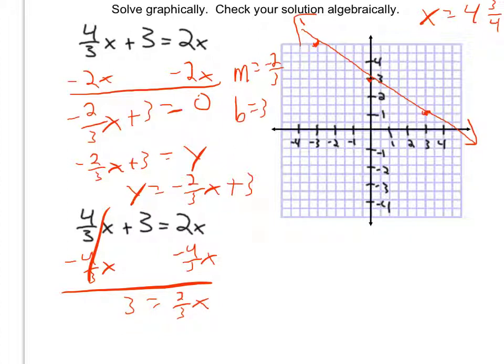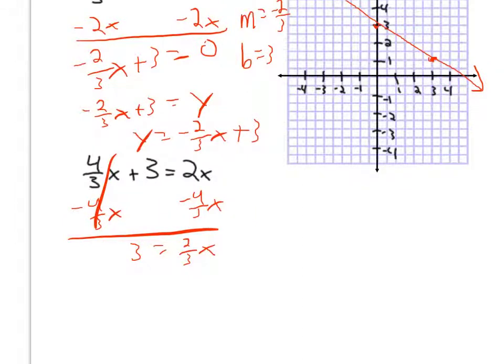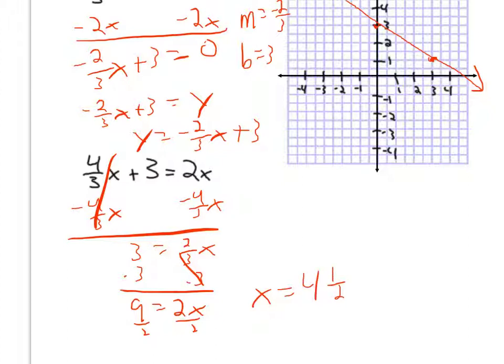Now if I want to, I could multiply both sides of this equation by 3 to get rid of the bottom number. That'll give me 9 equals, and these cancel, and I get 2x. And if I divide by 2, I'm going to get x equals 4.5, or 9/2.